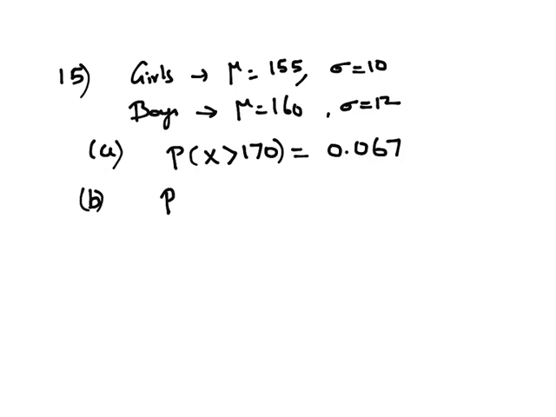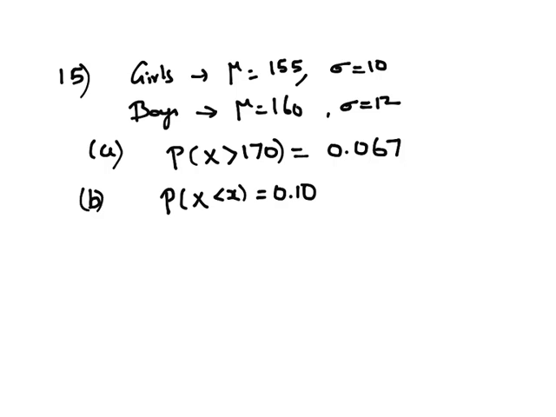Now the second part is, given that 10% of the girls are shorter than x centimeters. So probability of x less than x equal to 0.10. So 10% of them are shorter than x centimeters. Find the value of x. So it is inverse normal. Less than x means the tail will be on the left hand side.